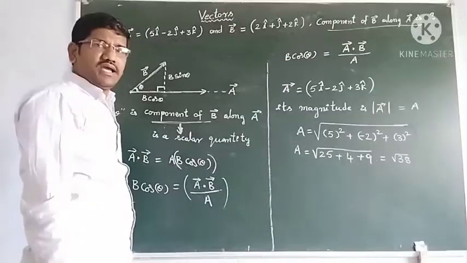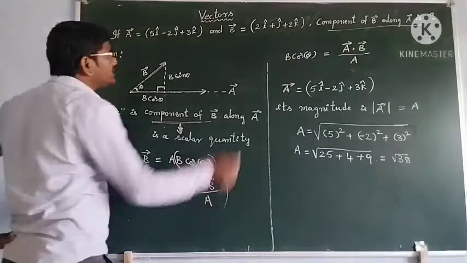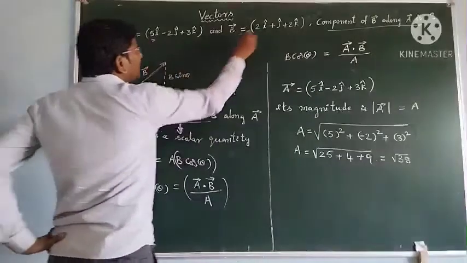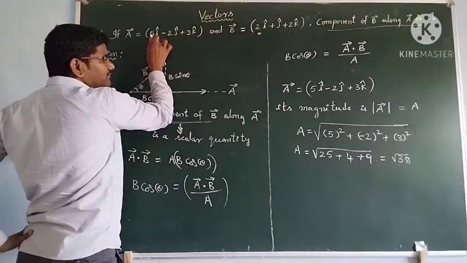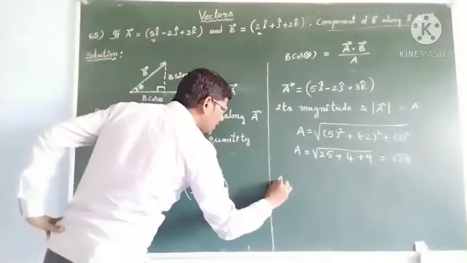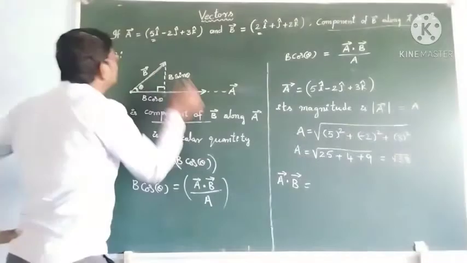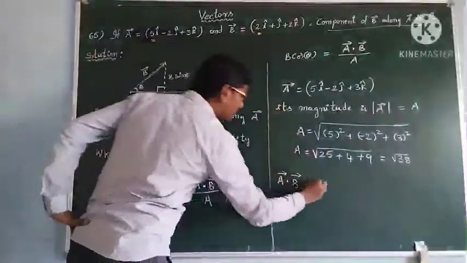We have already seen very clearly, dot product means I dot I, you have to do it. So this is A bar vector and this is B bar vector. In A bar, I coefficient is 5 and here I coefficient is 2, so 5 into 2, 10.